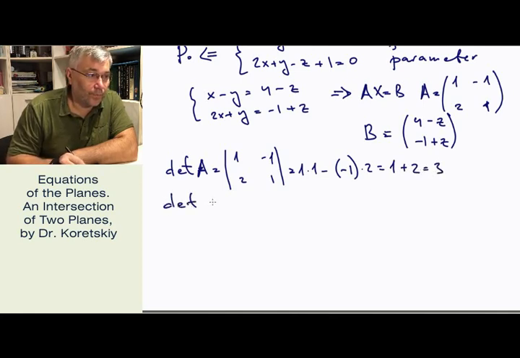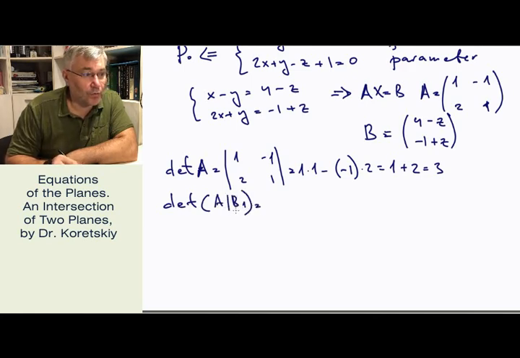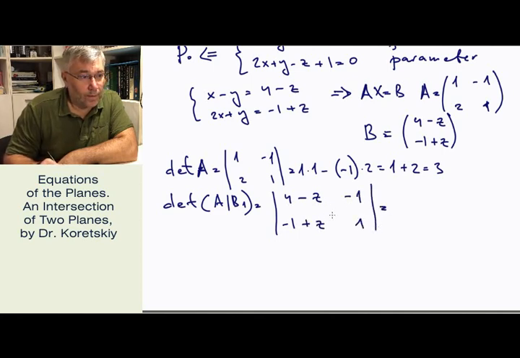Determinant AB1: you remember that we have to replace the first column of the matrix A by the B matrix, and we have 4 minus z, minus 1 plus z, and here minus 1 and 1. It gives 4 minus z times 1, it is 4 minus z, minus minus 1 times minus 1 plus z, but it is minus and we have plus, so it is minus 1 plus z here. It gives 3.